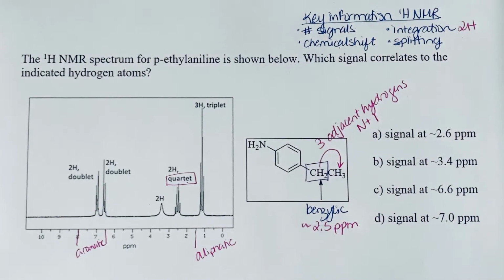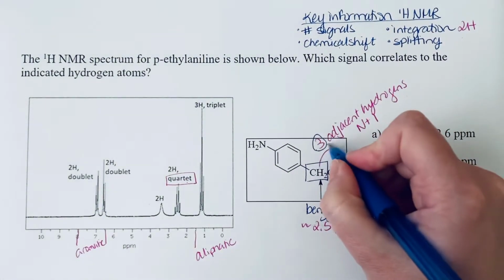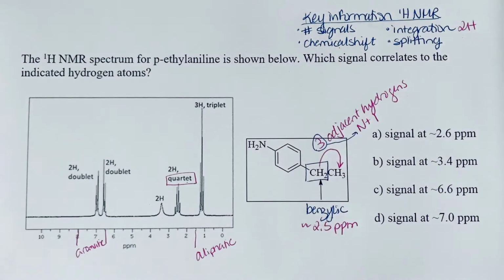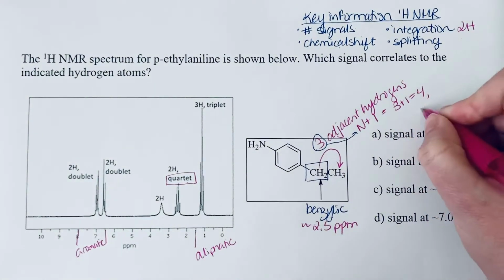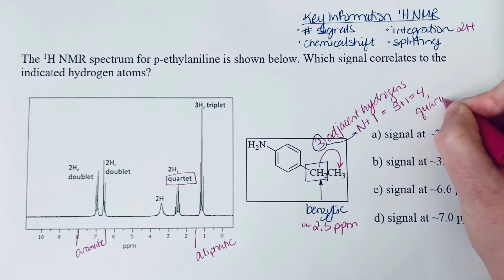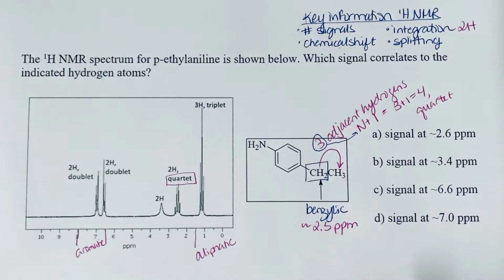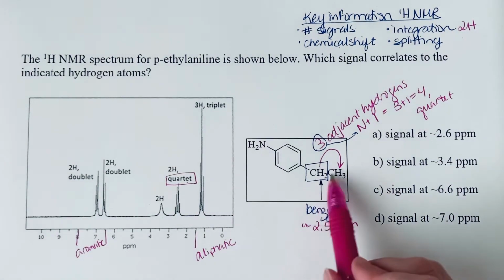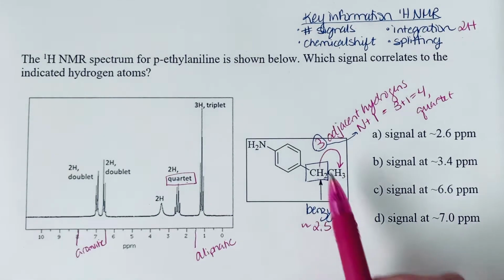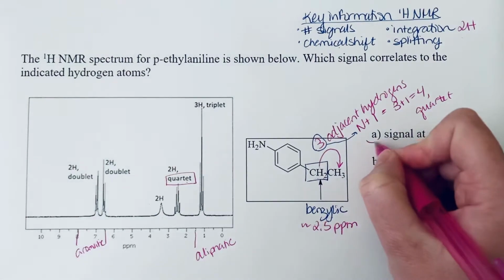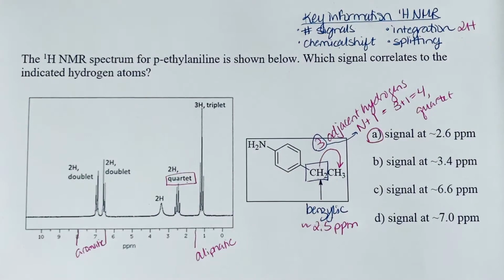The n is that 3, your number of neighboring hydrogens. So 3 plus 1 is 4, and we would expect that this signal would be a quartet. Now that we've got the appropriate integration, 2 hydrogens, and we see the splitting also matches, that's really clear that this is signal A.